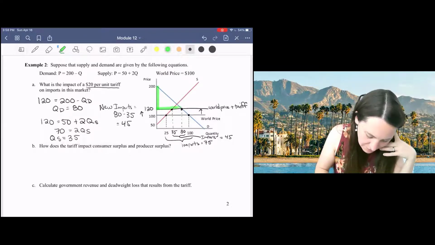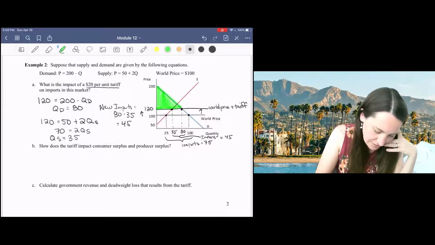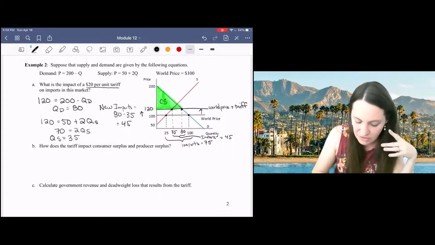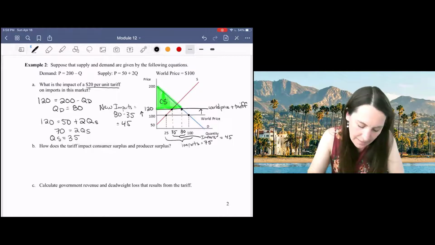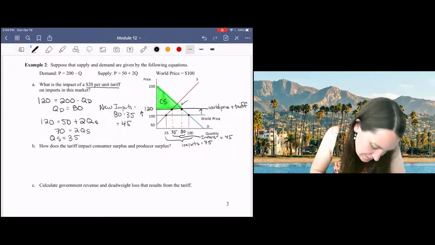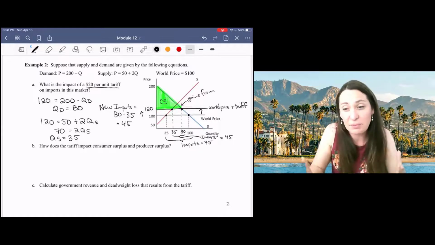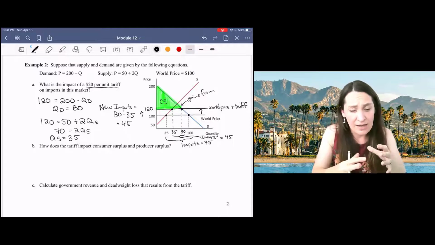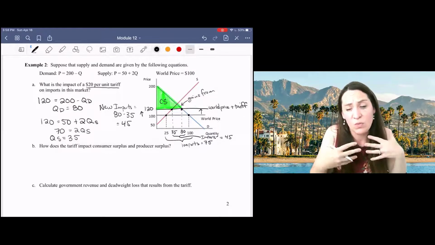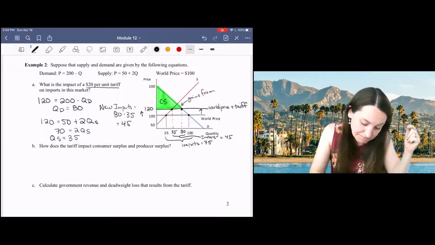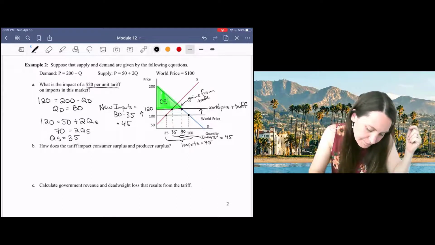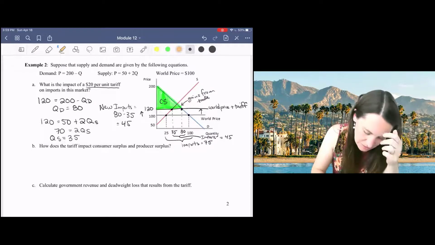So consumer surplus is now going to be equal to the area of this triangle above 120 and below the demand curve. And you'll notice that there is still some gains from trade here, right? We're better off than we were with a completely closed economy, but not as well off as with the completely open economy.